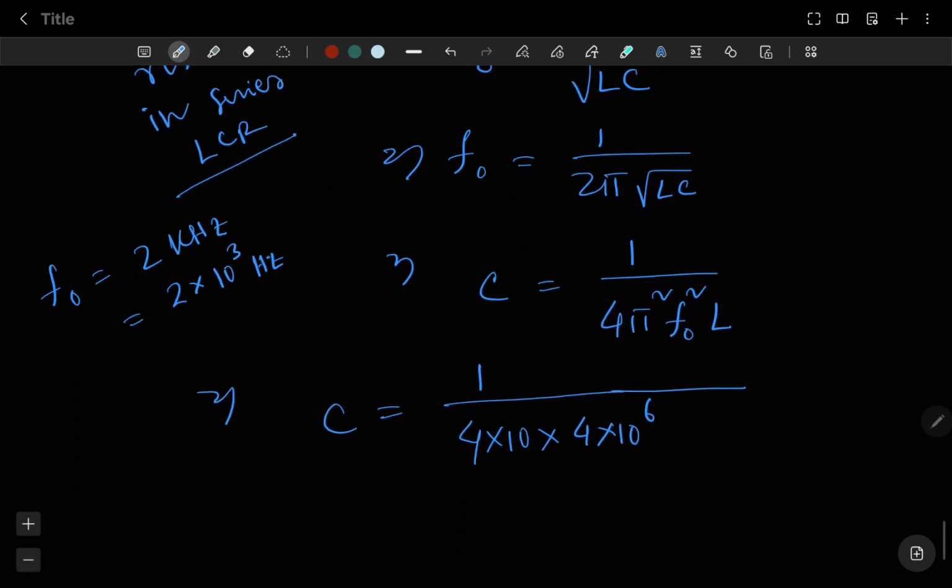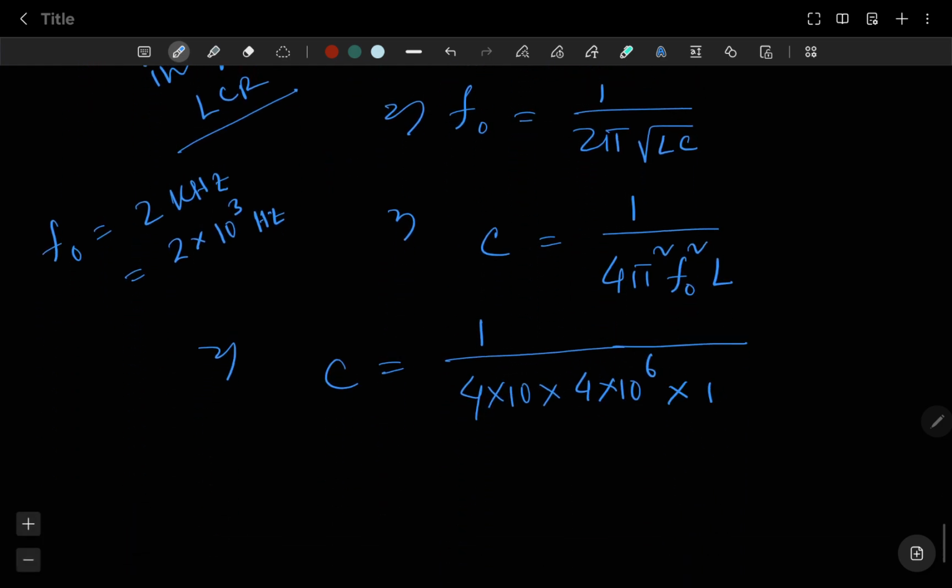Put it there. So it will be 1 by 16, 7 minus 1, so 10 to the power minus 6, isn't it?